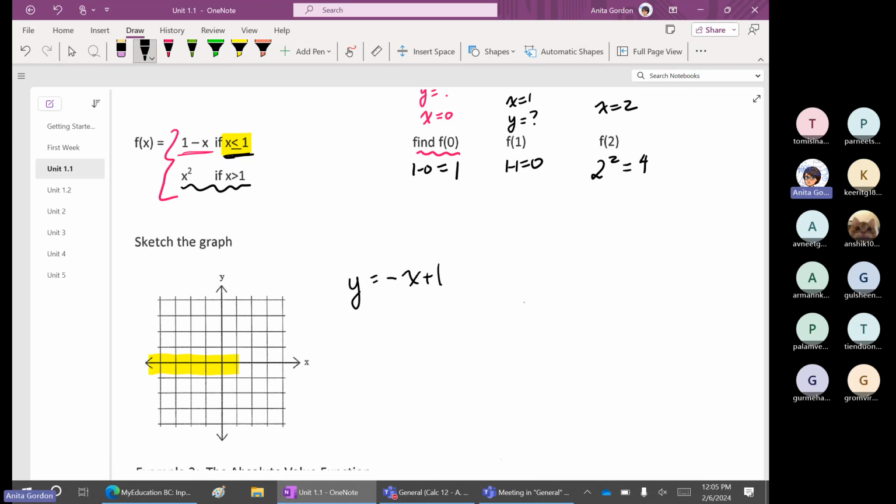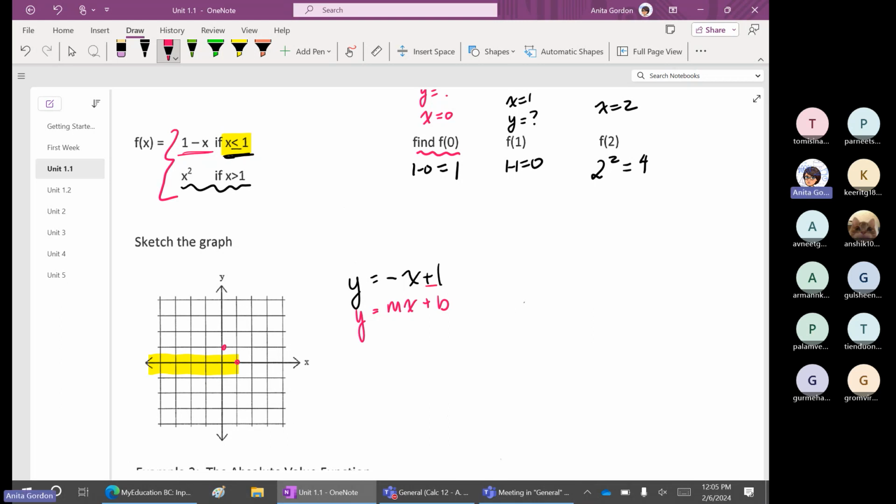I just put the 1 and the x in backwards order because I want it to look like y equals mx plus b. So I know that if x is 0, y is 1. Just calculated that. And when x is 1, y is 0.